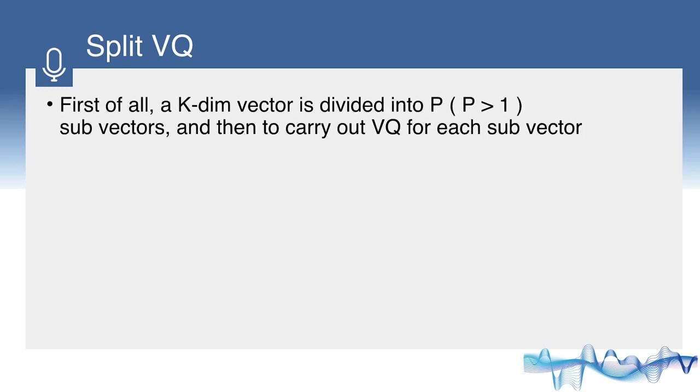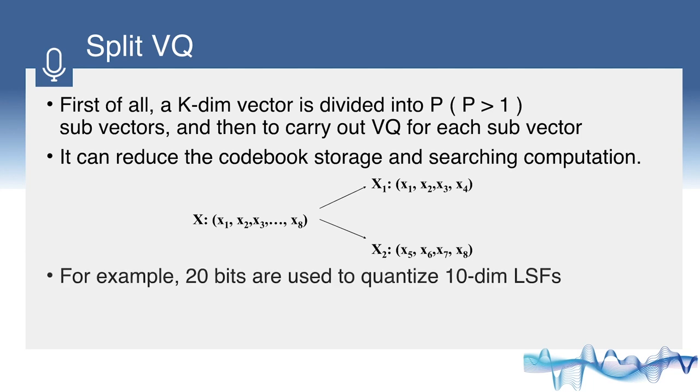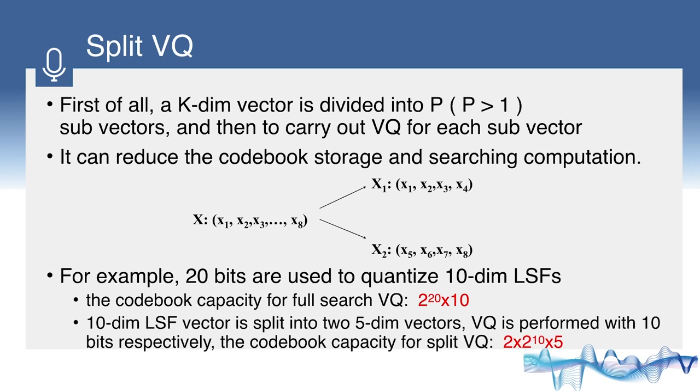In order to reduce the codebook storage and searching computation, the split VQ is used. First of all, a k-dimension vector is divided into p subvectors, p bigger than 1, and then VQ is performed for each subvector. In an actual VQ system, for example, 20 bits are used to quantize 10-dimension LSF.